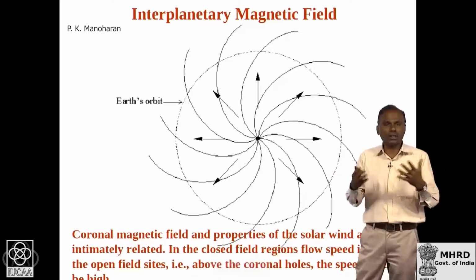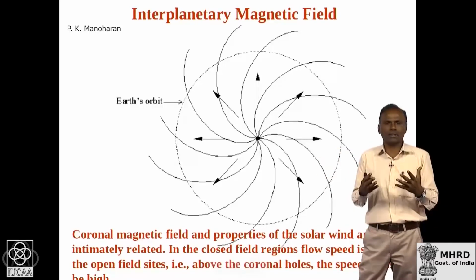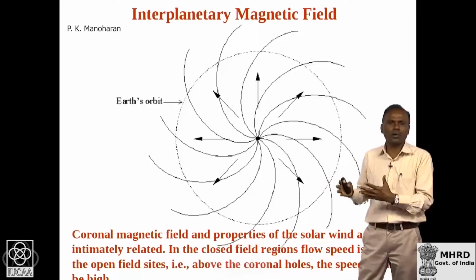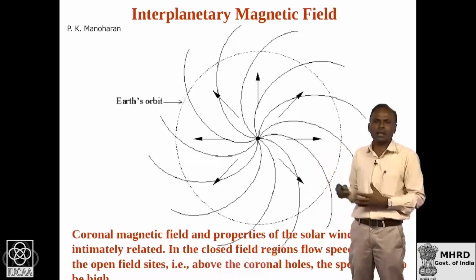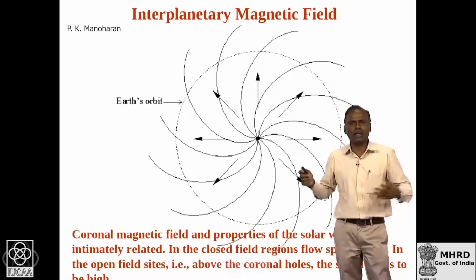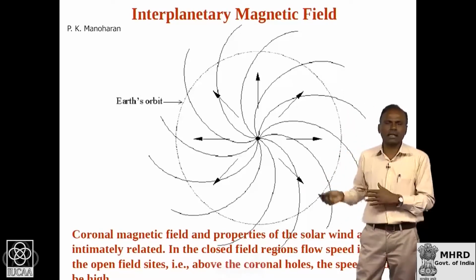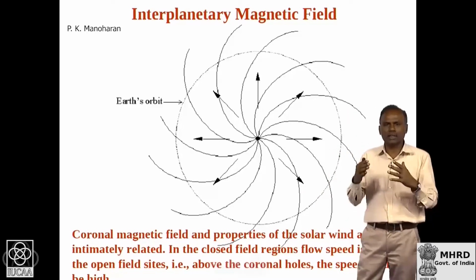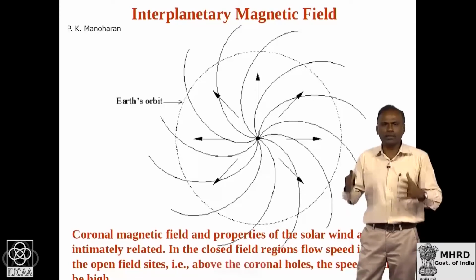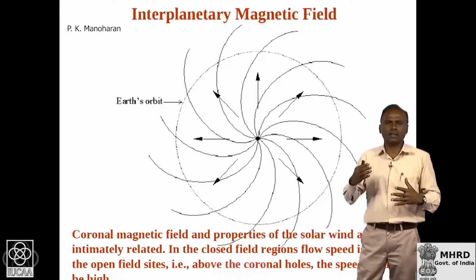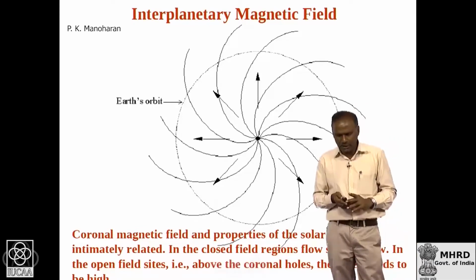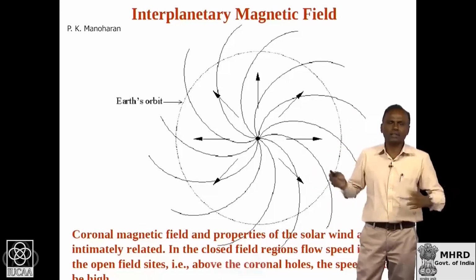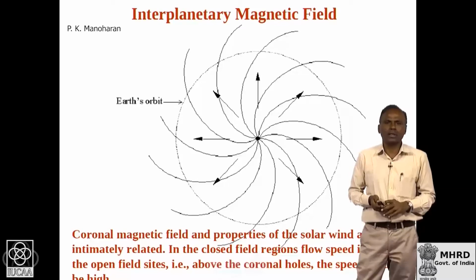Something like a coronal mass ejection flowing out with a speed of 2000 kilometer per second, the spiral can have a nearly straight line shape. So, the low speed solar wind forms a large curving magnetic field line, and the high speed solar wind forms less curving magnetic field lines.